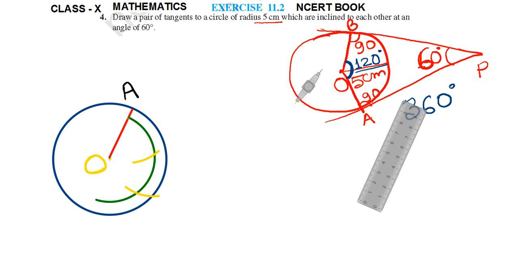So this measurement is 60 degree, again this measurement is 60 degree, so altogether it is 120 degree.